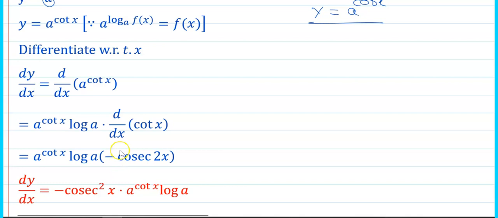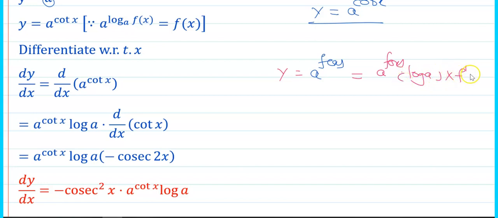A raised to x into log of a. But here we have the function a raised to f of x. Here y is equal to a raised to f of x. What about its derivative? A raised to f of x into log a into the derivative of f of x, which is f dash of x.